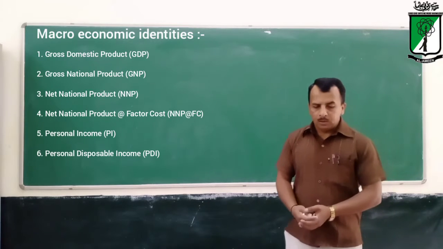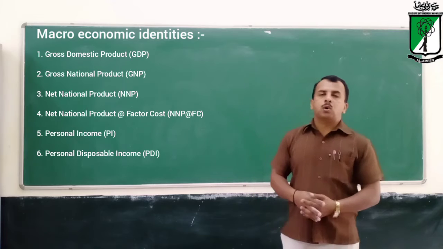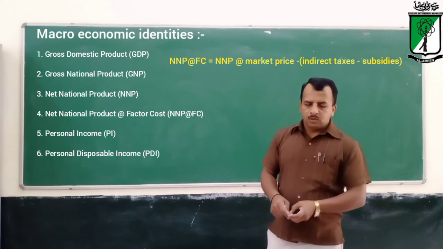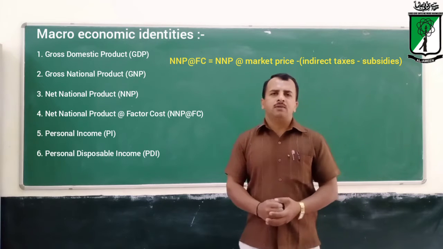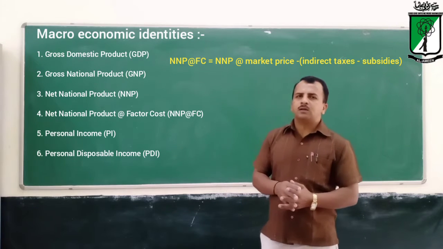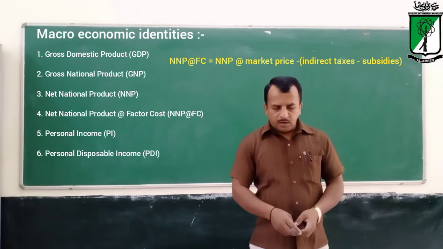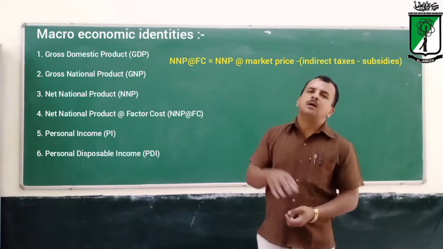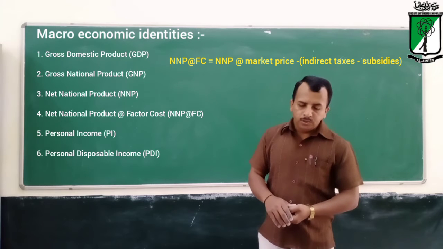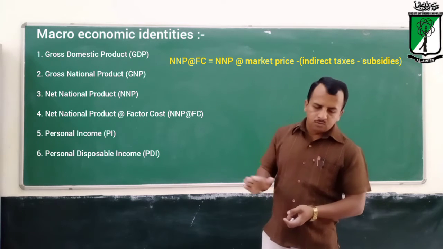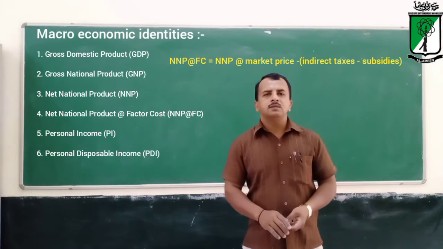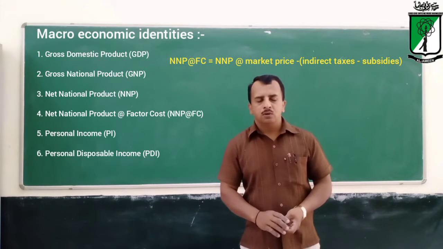Then NNP at factor cost. This is nothing but national income at factor level. What exactly is meant by factor level?